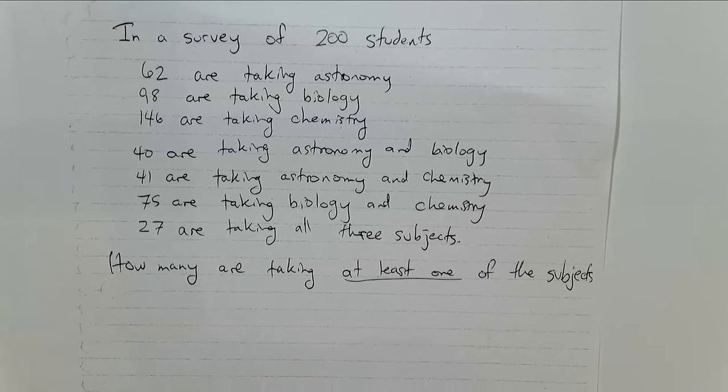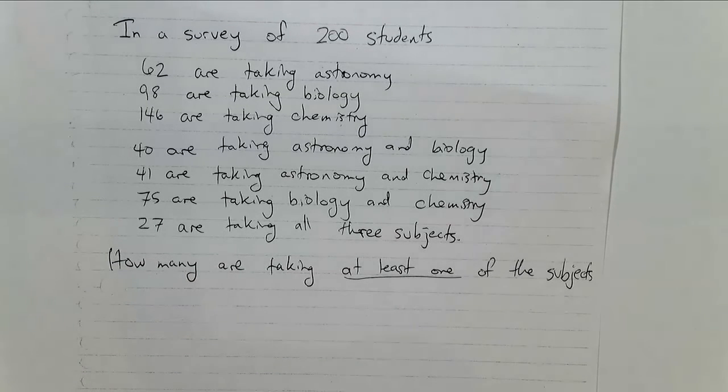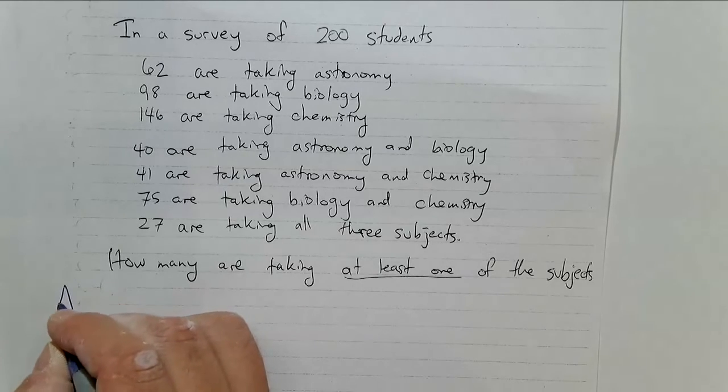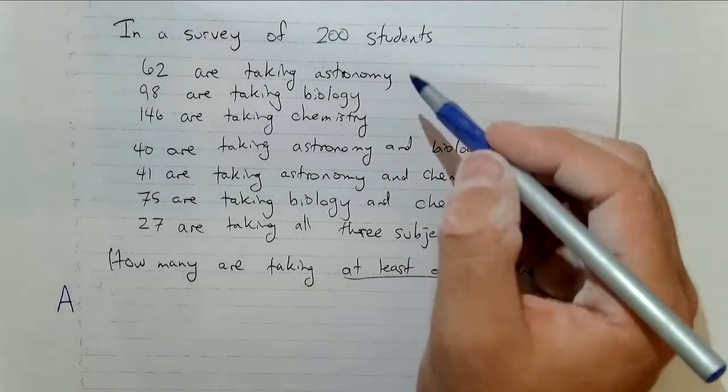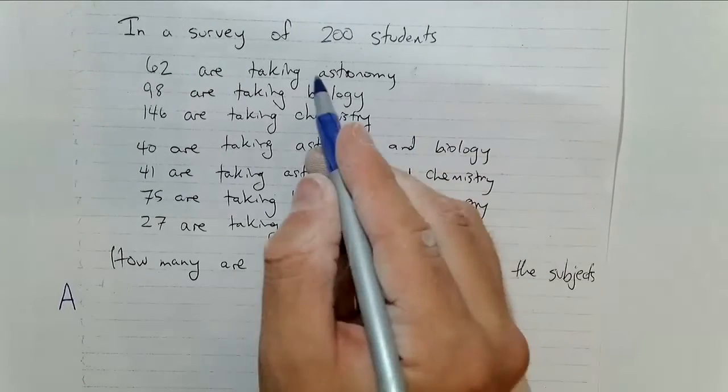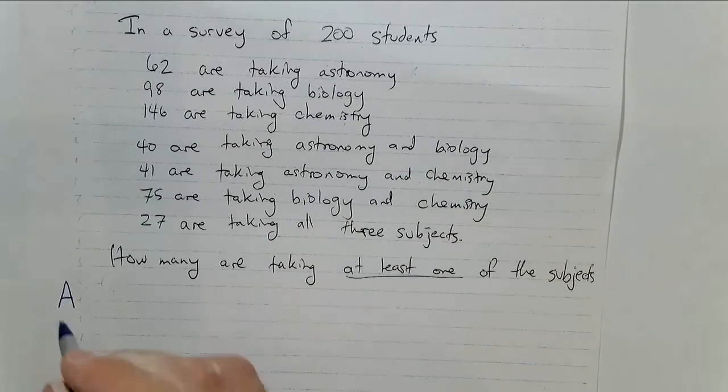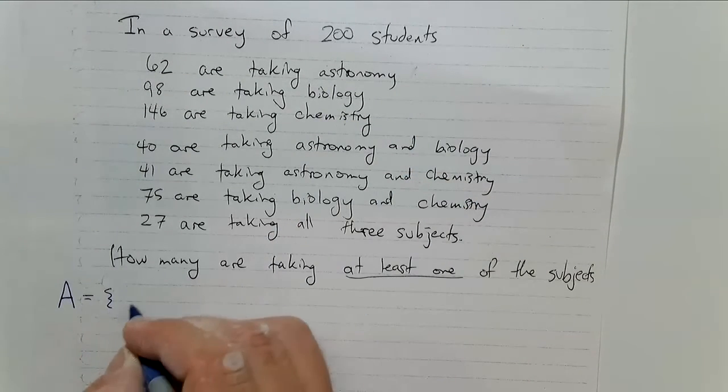Okay. So when you're given a question like this, it's maybe good to set up a few things. I think it's kind of logical to say, astronomy starts with an A. Let's call it the set of students taking astronomy.